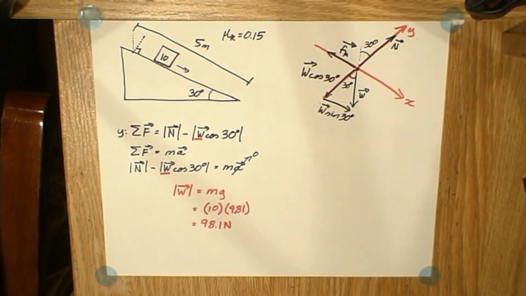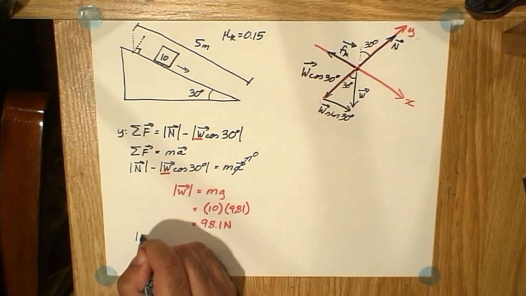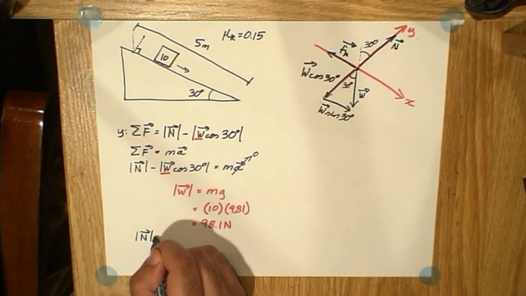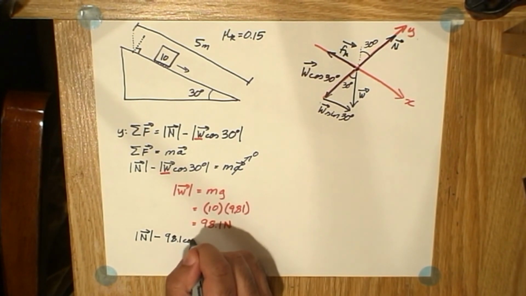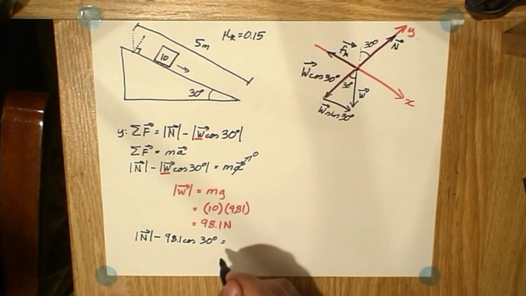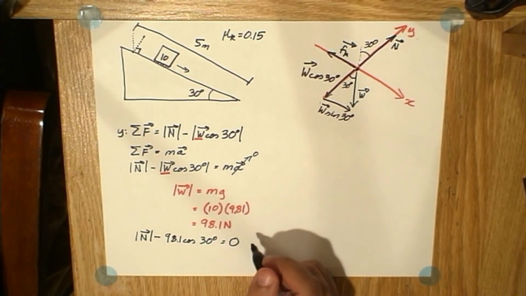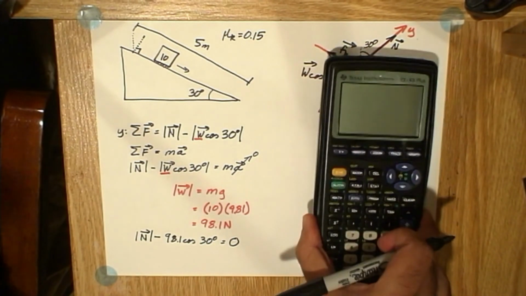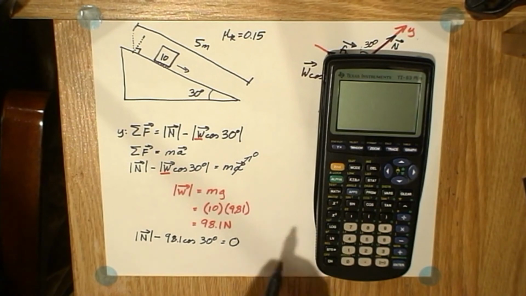Let's plug this information into our force balance. We now have the normal force minus 98.1 cos 30 degrees is equal to mass times acceleration, but this entire right side works out to 0.